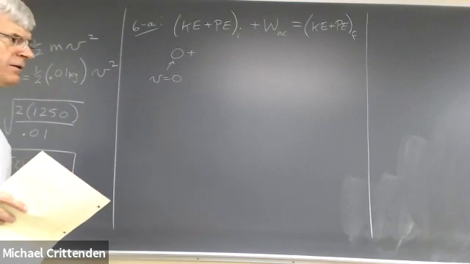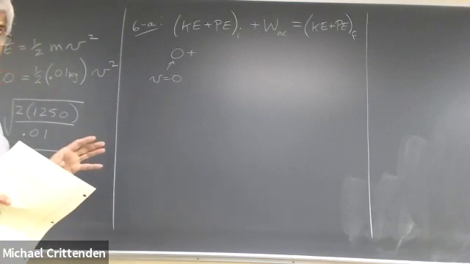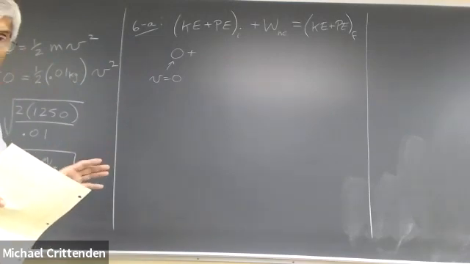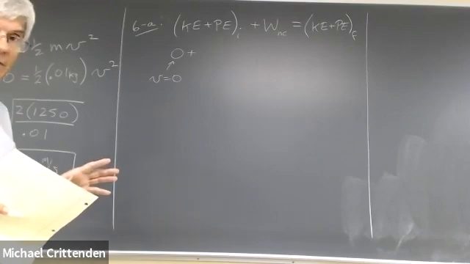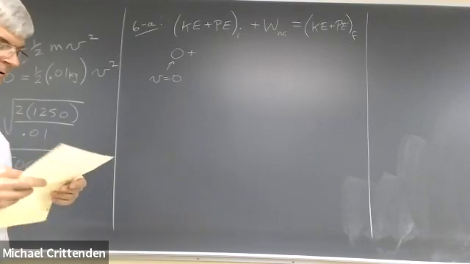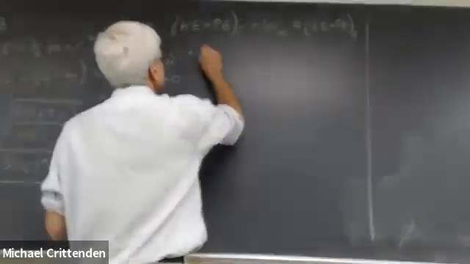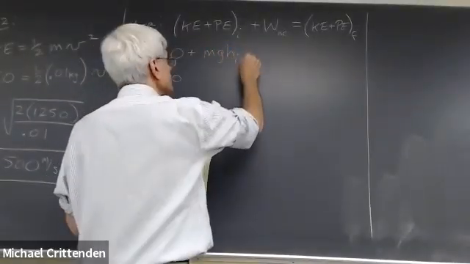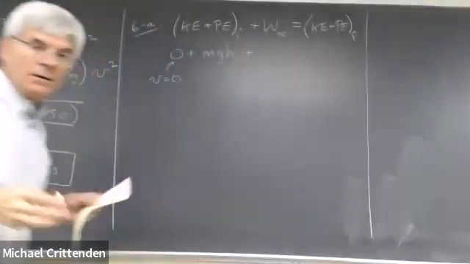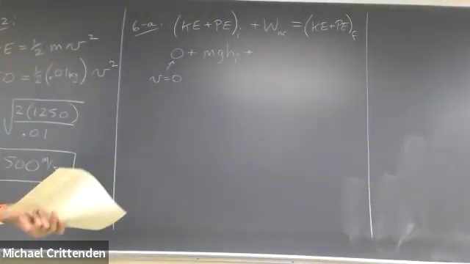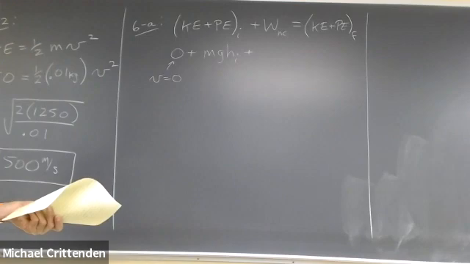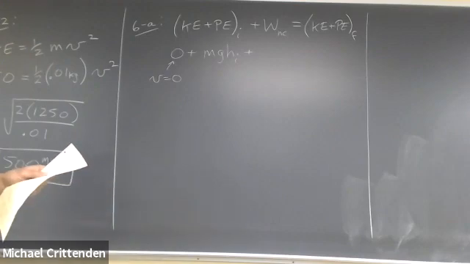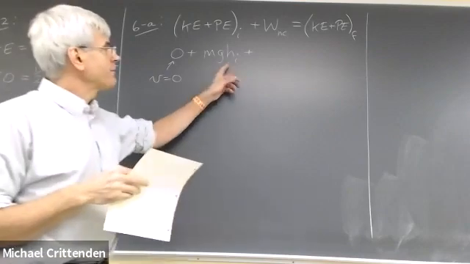Or without even getting into the formula, kinetic energy is the energy of an object's motion, and if it's not moving, you don't have any of that. The block is elevated in the beginning, so it's got some potential energy, I for initial.